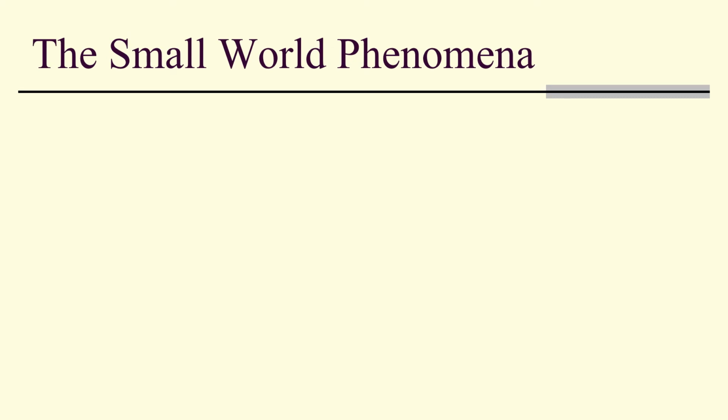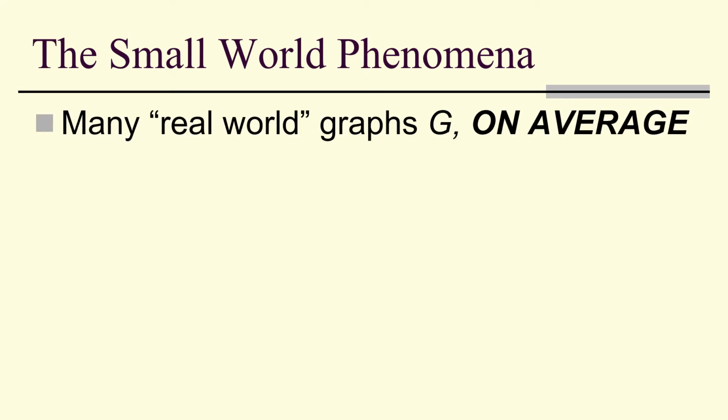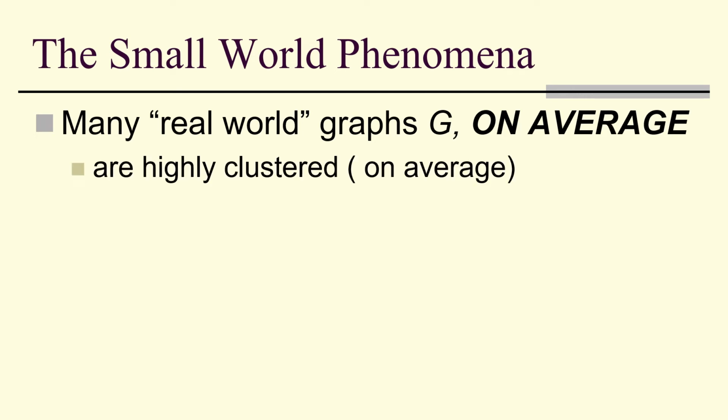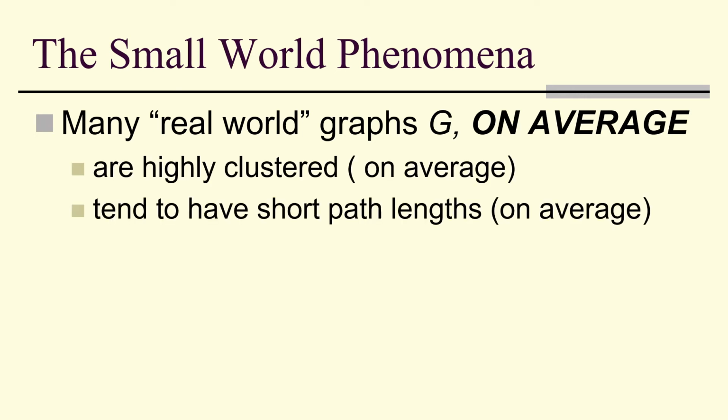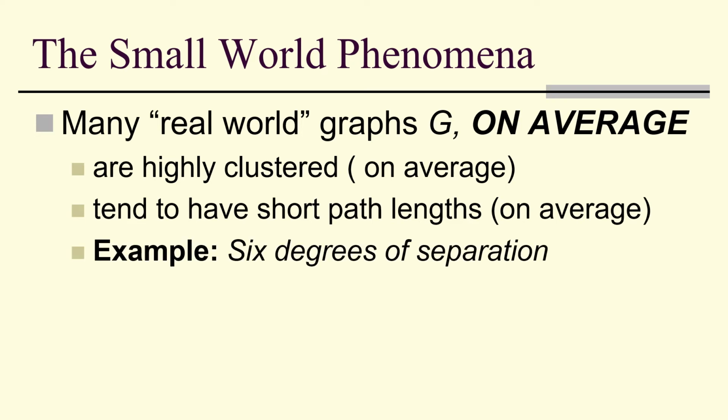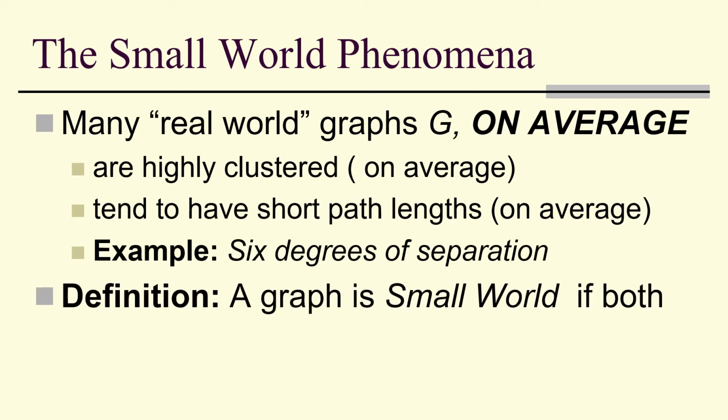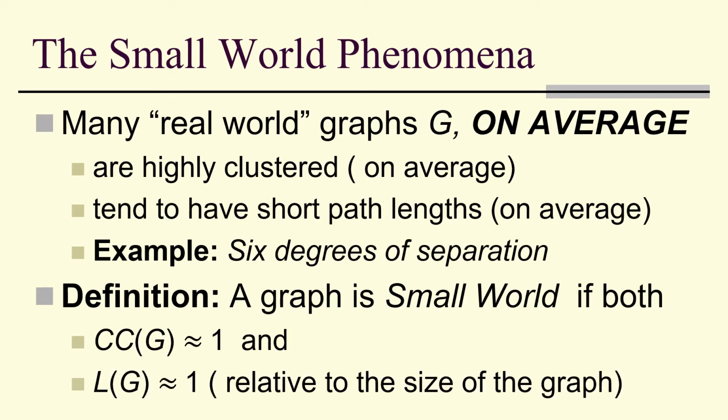So the small world phenomenon is that many real world graphs on average are highly clustered and tend to have short path lengths. In other words, 6 degrees of separation is what this phenomenon is called. So a graph is small world if both the clustering coefficient of the graph is close to 1 and the average path length is close to 1 relative to the size of the graph.